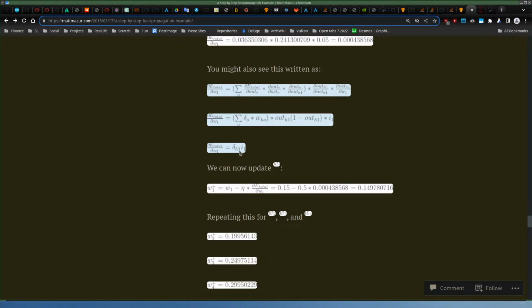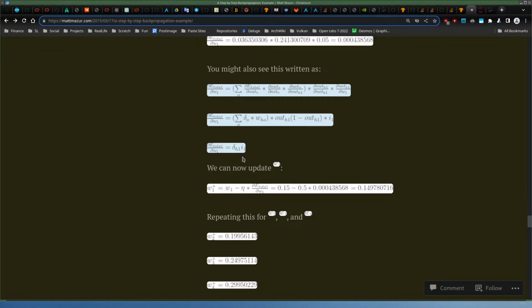Yeah, that's exactly what I said. So the partial derivative of the loss function with respect to some weight of the previous layer is delta H1 times I1. That's exactly what I said.